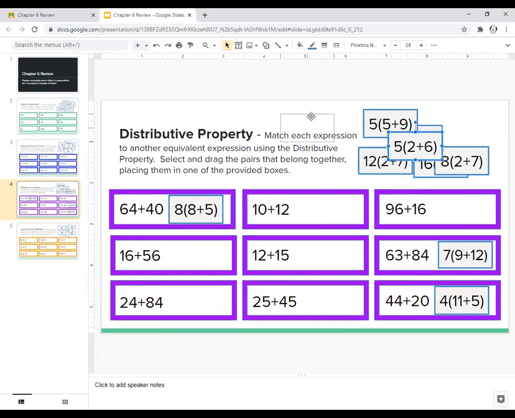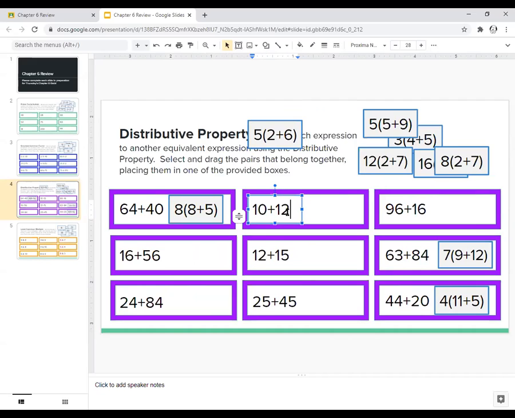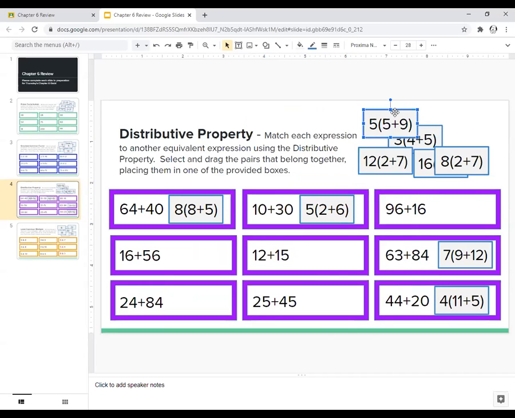What would this one be? 10 and 12. 10 plus what? 10 plus 30. Where is it? Oh, Mrs. Moore had a typo. There it goes. What about this one?